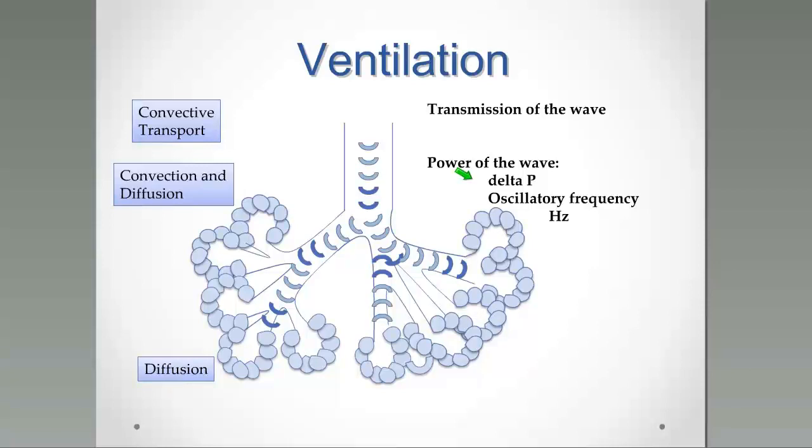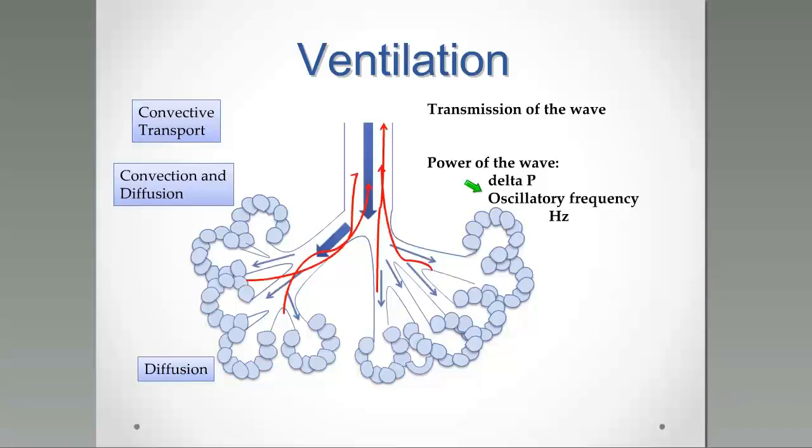And the other thing is the frequency. When we decrease the frequency of the ventilator during high frequency ventilation, the displacement and the generation of power and volume are going to be higher. So the lower the frequency, the higher the PCO2 removal. And these are the two main mechanisms for ventilation during high frequency ventilation.